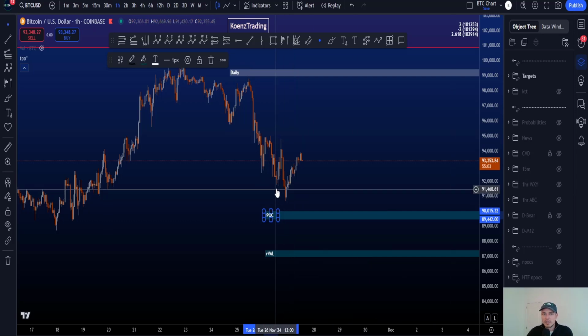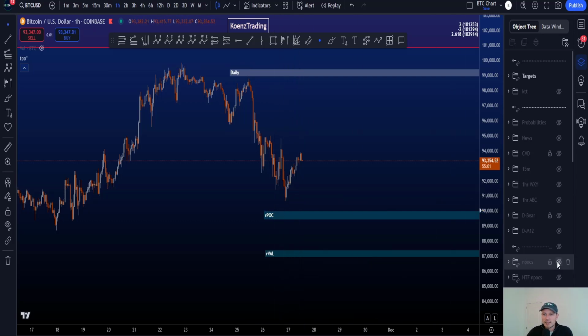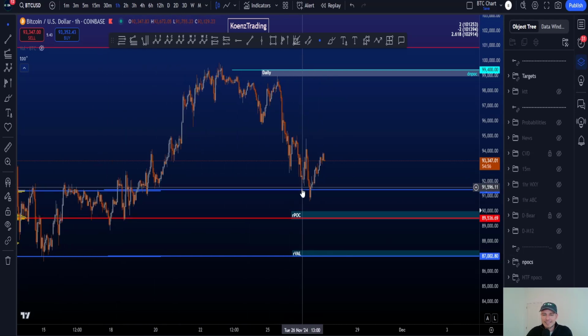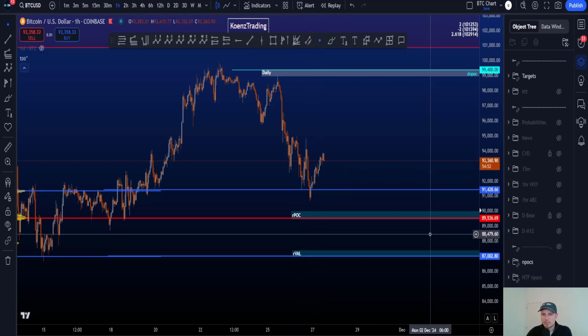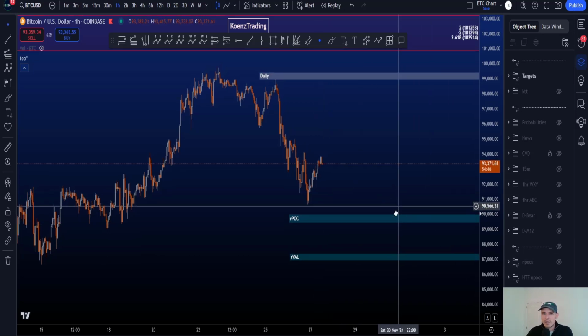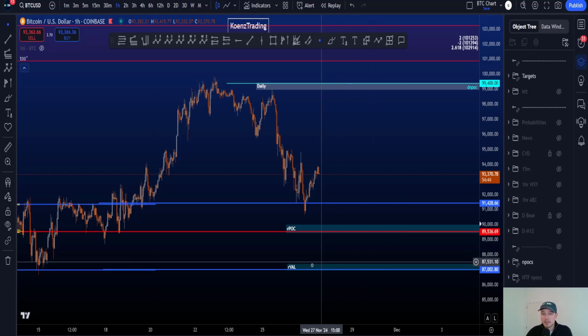The support that we hit over here at the moment is the value area high of this range. Here we touched it exactly, moved up, then we basically swung the previous low and we moved up again. So a little bit of support here, but then the next level is the point of control, and then the value area low here, this one here at 87K, as you can see.